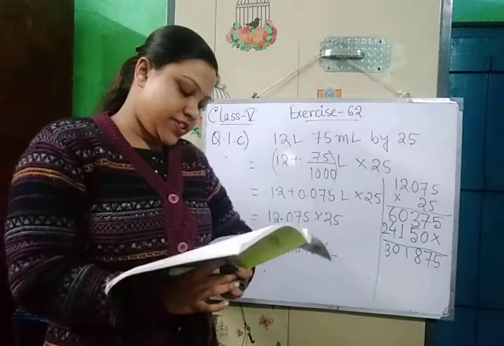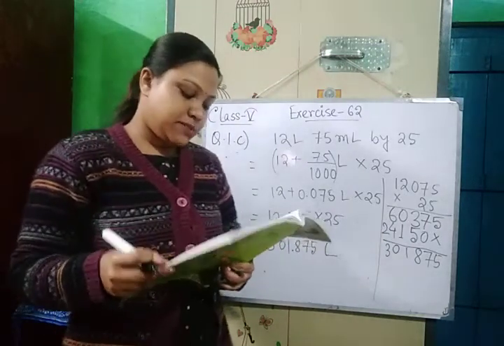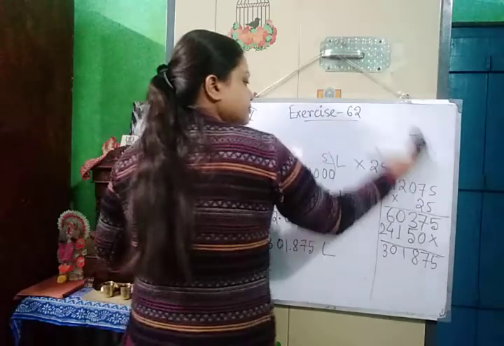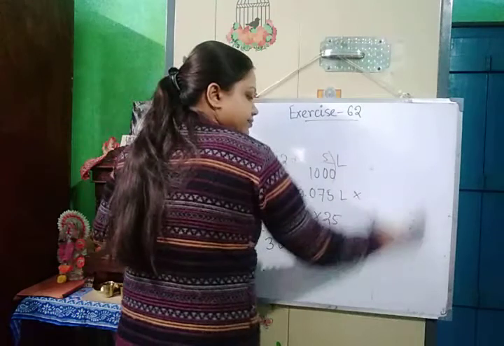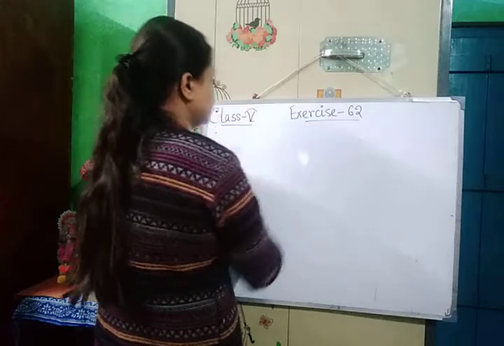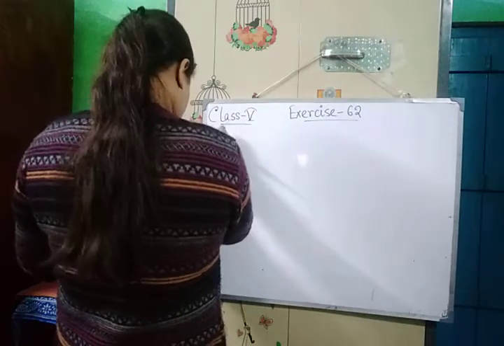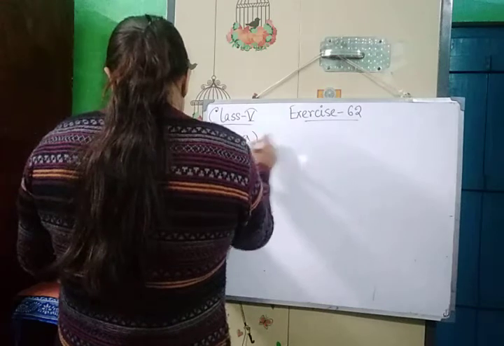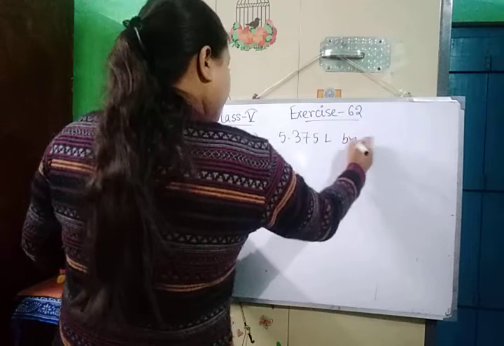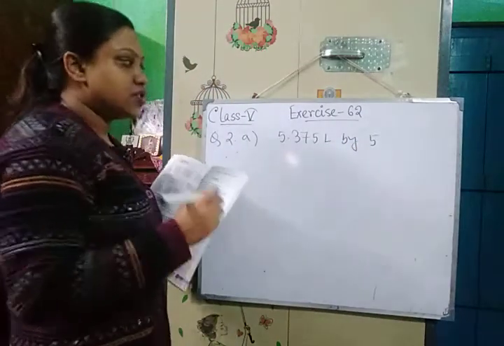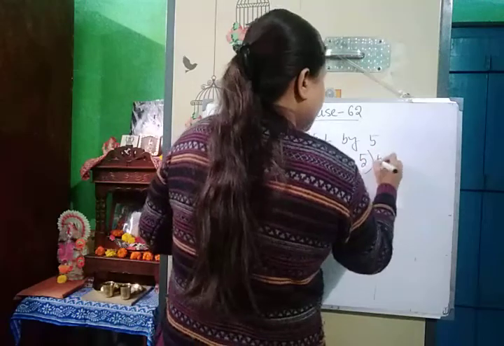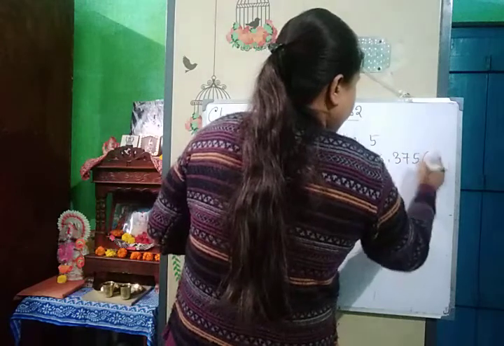I am doing division, question number 2, where I am doing question number 2's A, which is divide 5.375 liter by 5. So it's already in liter. So we will just divide it. Okay. So 5 here, 5.375.